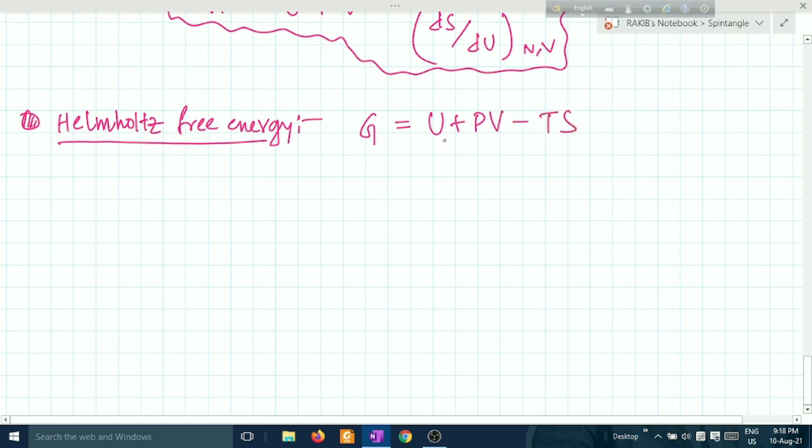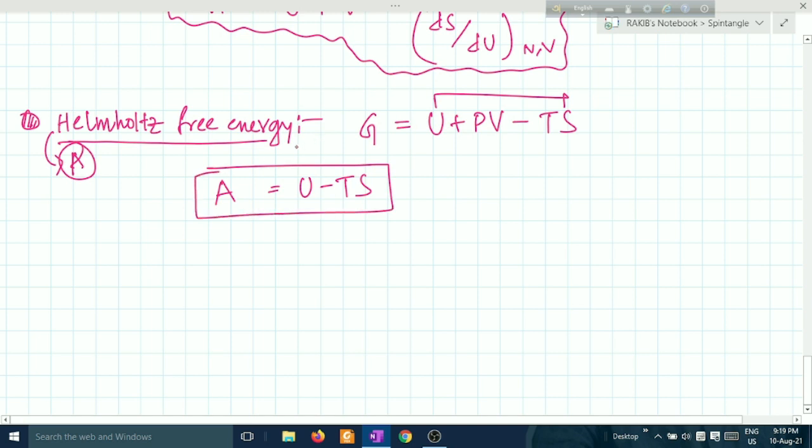In this formula, the U minus TS term is called Helmholtz free energy. It is given as A. In some books, I think it is written as F. This is called Helmholtz free energy.